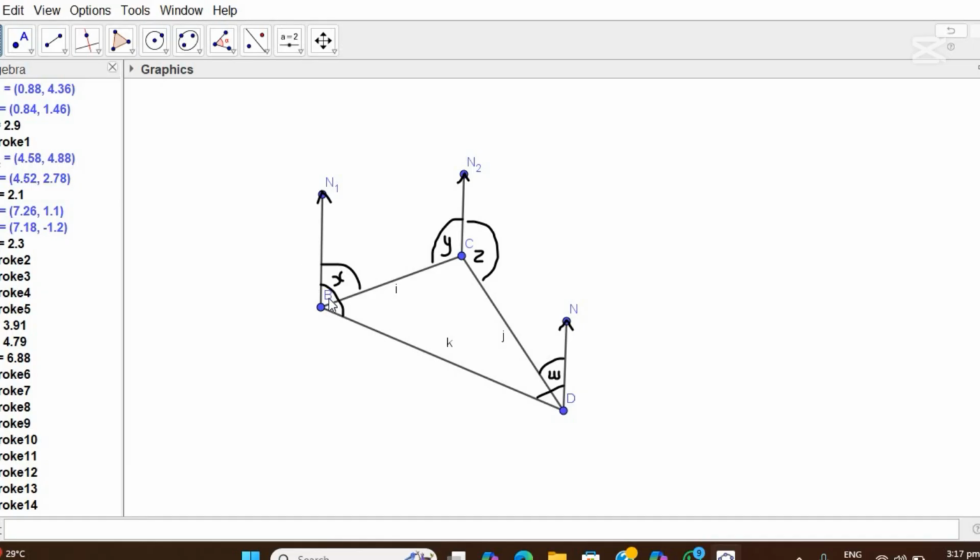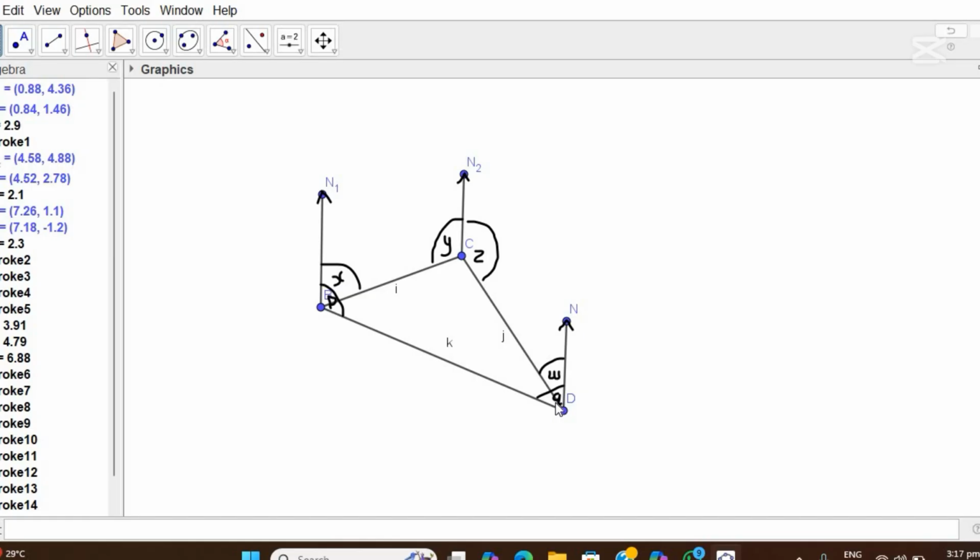Let's call this one P. And let's call this one Q. It therefore follows that angle P and angle Q would also sum to 180 degrees.